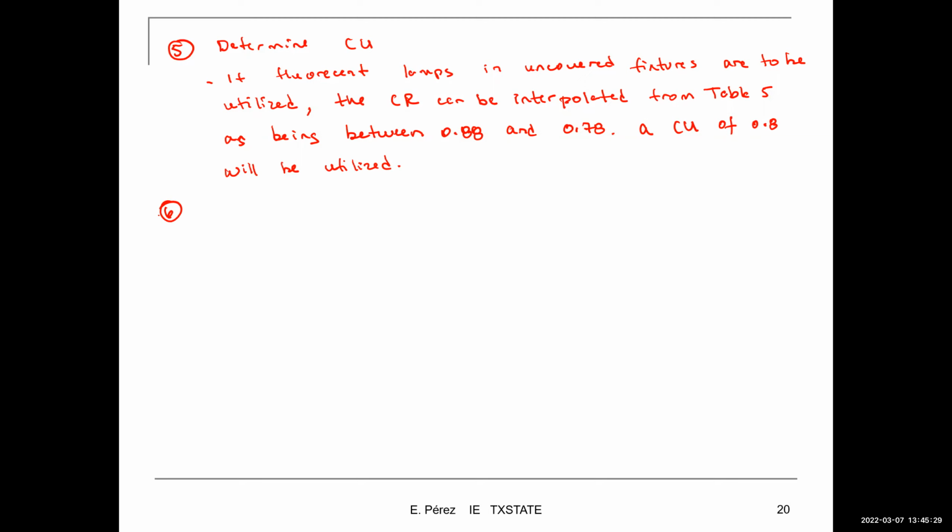Okay, so we have fluorescent lamps in a medium dirty environment, and they're cleaned every 24 months. So that's given, right?